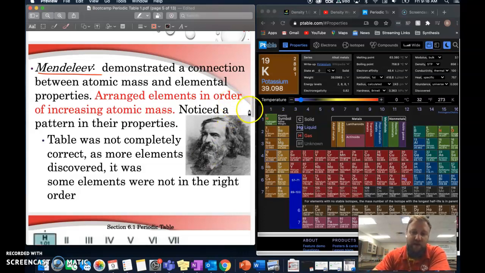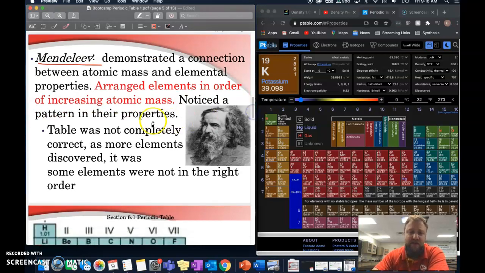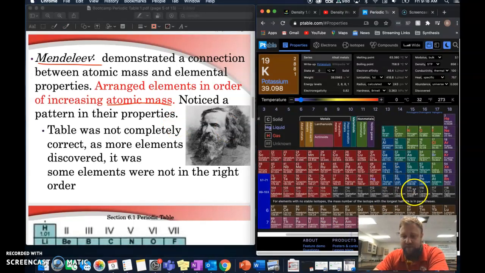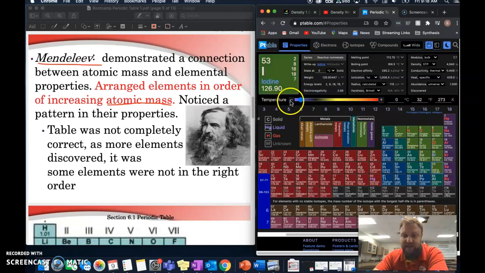The one thing that his periodic table, there's been quite a few changes to it, but the biggest change is that he originally organized his by atomic mass, which is mostly correct, but there's a few examples where it's not, like in the case of tellurium and iodine. So if you look, tellurium is 127 atomic mass units, almost 128, whereas iodine's 126, closer to 127.